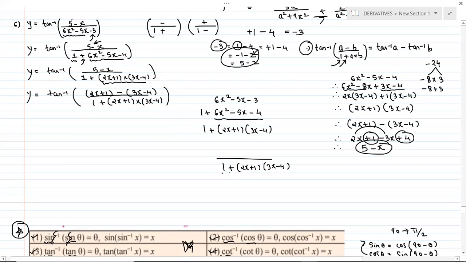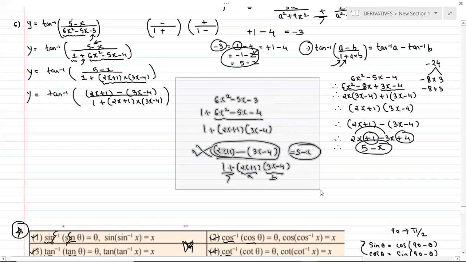So here we have 1 plus. So in the numerator you must get minus, a minus b. So we'll consider this as A and this as B. So here A is 2x plus 1 and B is 3x minus 4. Just check when you subtract these two terms whether you are getting 5 minus x or not. If you are getting 5 minus x, then this adjustment is perfect. Got the idea? Okay. So this is what we have to do for this sum.